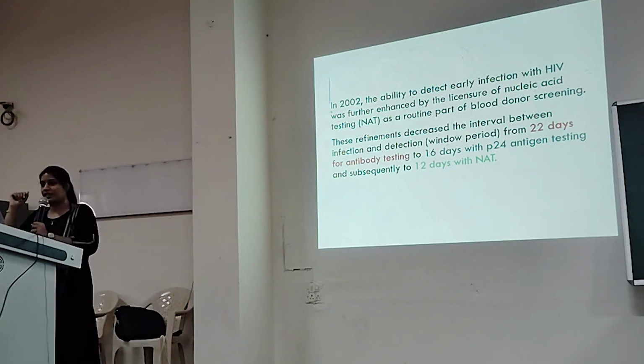Another one that came recently is the nucleic acid test. It will show positivity within 12 days of infection during the window period. As I said earlier, if one of your friends got pricked with HIV, at what time will you do the test and what test will you do?